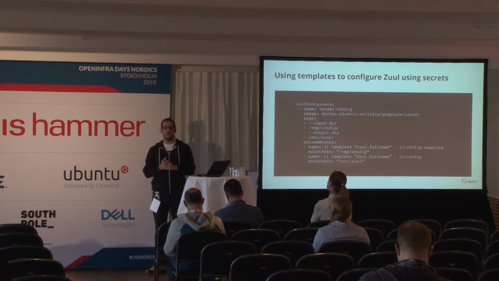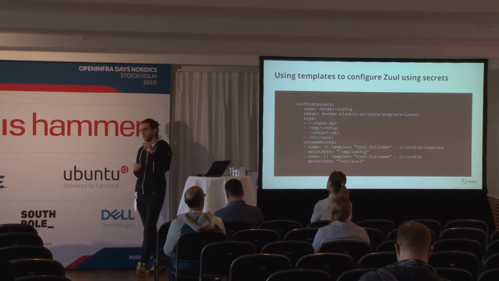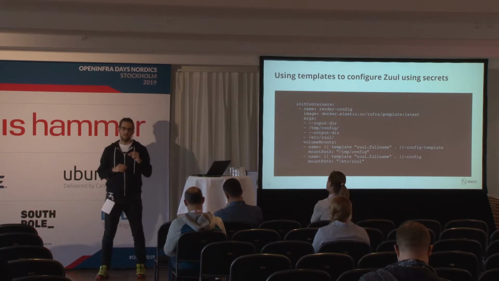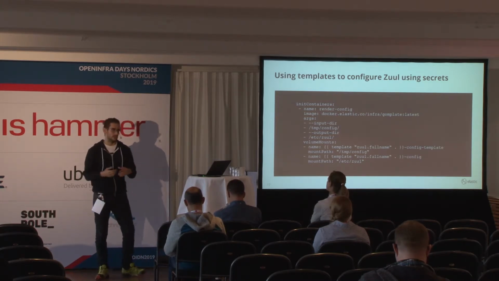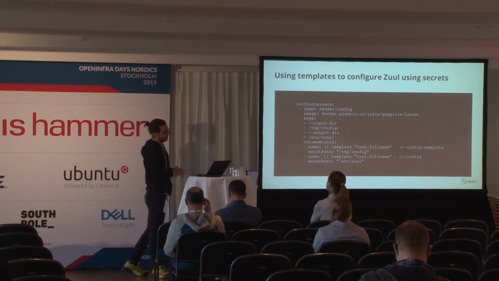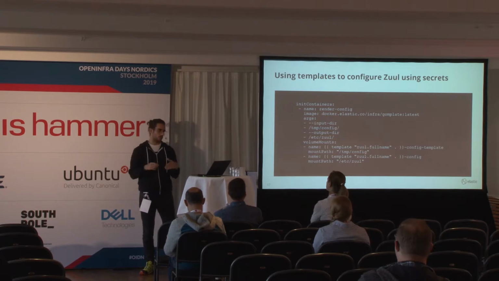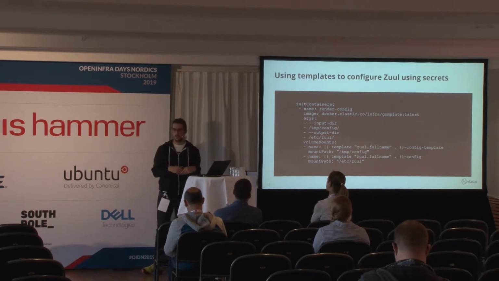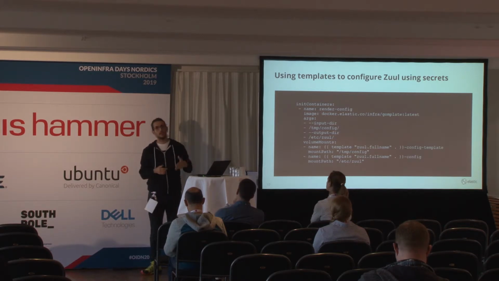So I can't create a config file that has only a portion of the Zuul configurations, because again, Zuul is not capable of reading multiple config files. So what we did is we created a Zuul template, a config file template that we render in an init container. If you're not familiar, init containers are containers within the pod that run before the actual container runs.